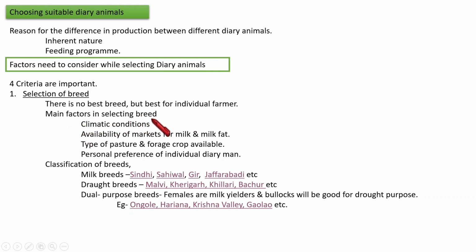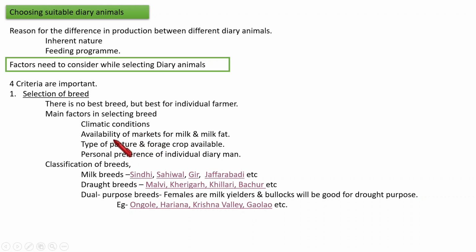Then there are certain factors in selecting the breed. If we plan for starting a farmhouse, we need to know the climatic conditions there, and select a breed accordingly.